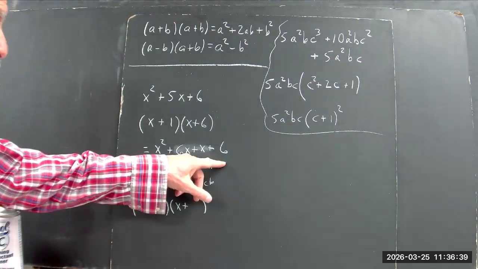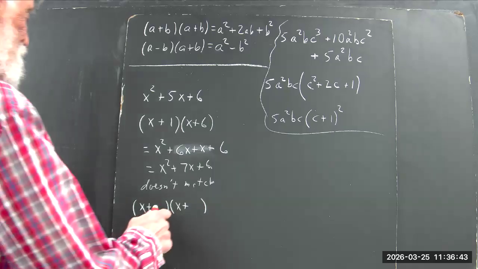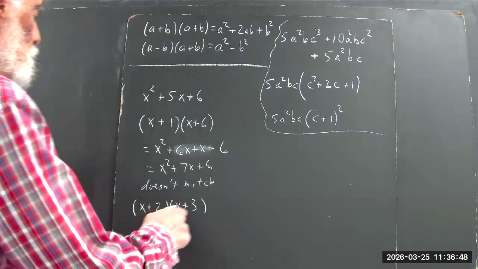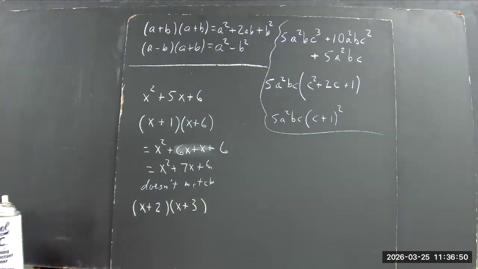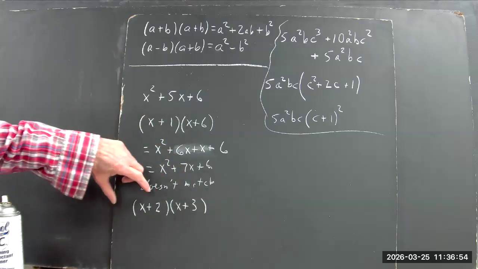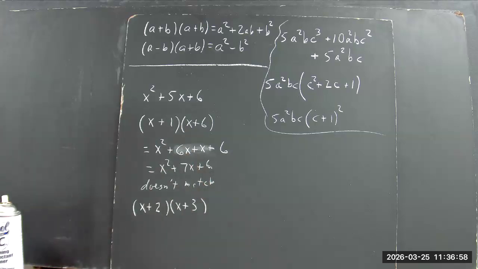Okay, now everybody got that. There aren't many choices for two numbers that multiply out to give you 6. Okay? It's got to be 2 and 3. It doesn't matter whether you do 2 and 3 or 3 and 2. It doesn't matter which of the two numbers you put in which blank. But what we now have is x plus 2 multiplied by x plus 3.